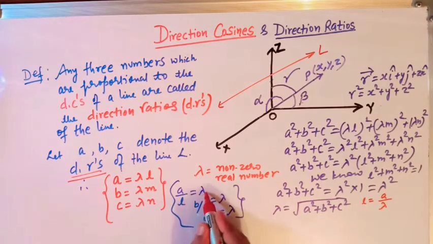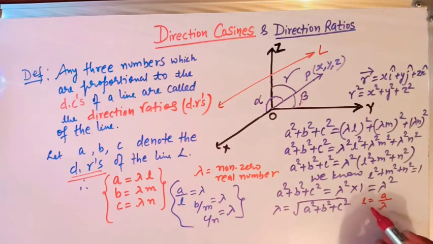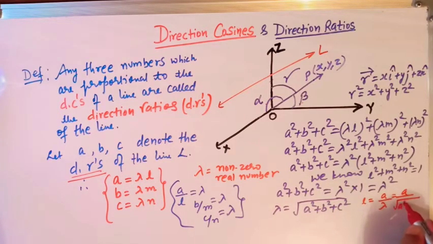We take L to this side and then taking lambda to the denominator, so we have L is equal to a over lambda. Now if we substitute the value of lambda here, we get a over square root of a square plus b square plus c square, right?